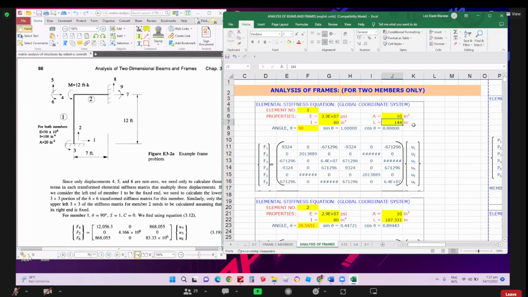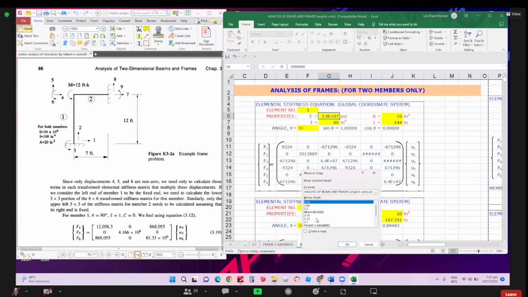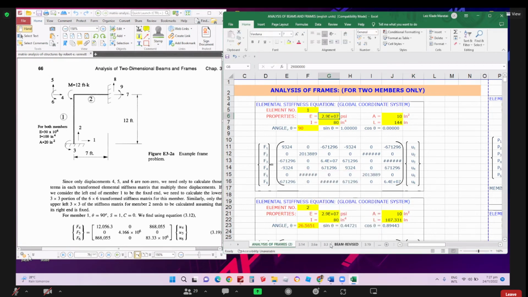So, in inches, 12 times 12, that's 144. Its E is 30,000. I copy it, so this is 30,000. Its moment of inertia is 100. The area is 20.